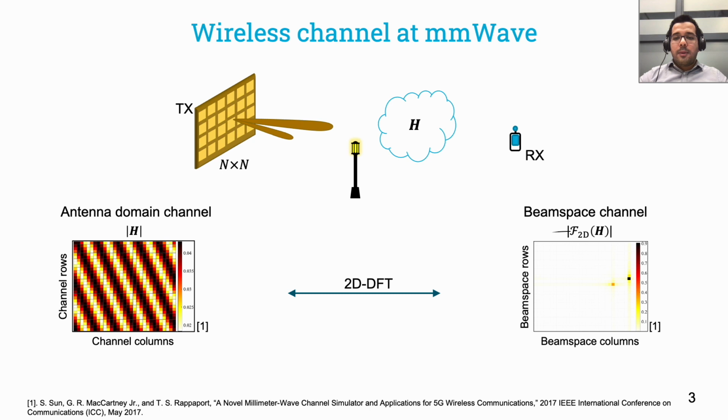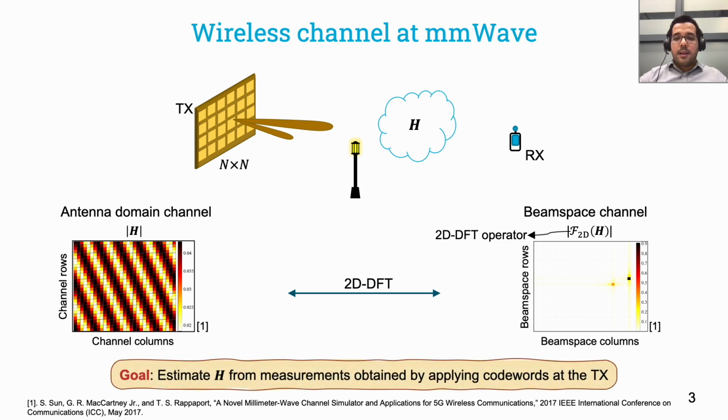Now, here I will explain why CS is useful for 5G wireless systems. Let's consider a wireless system with an N by N array at the transmitter and a single antenna receiver shown over here. The wireless channel, which is denoted by H, models the propagation environment between the transmitter and the receiver.